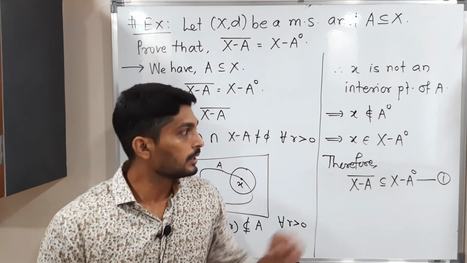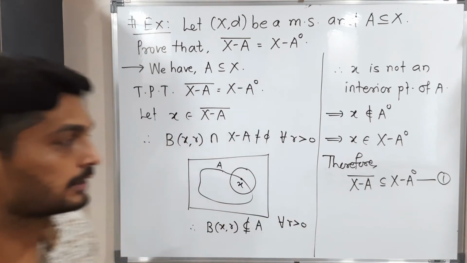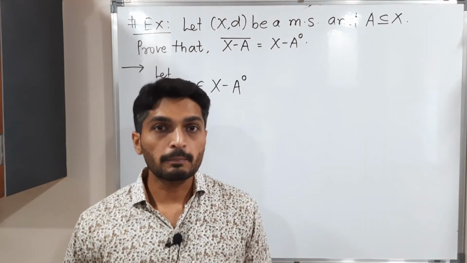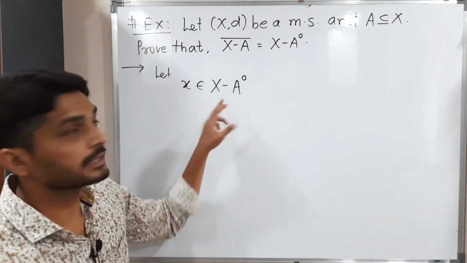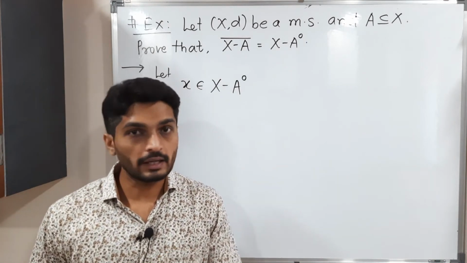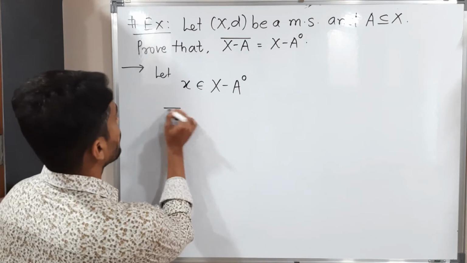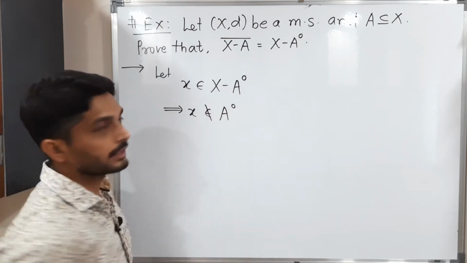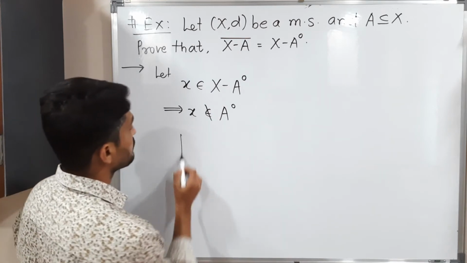Similarly, I am going to prove the second is a subset of the first. Make a screenshot of it, then we will go further. So now I am taking a point from X minus A interior. So x lies in the complement of A interior. Therefore, x does not belong to A interior. I will show you.